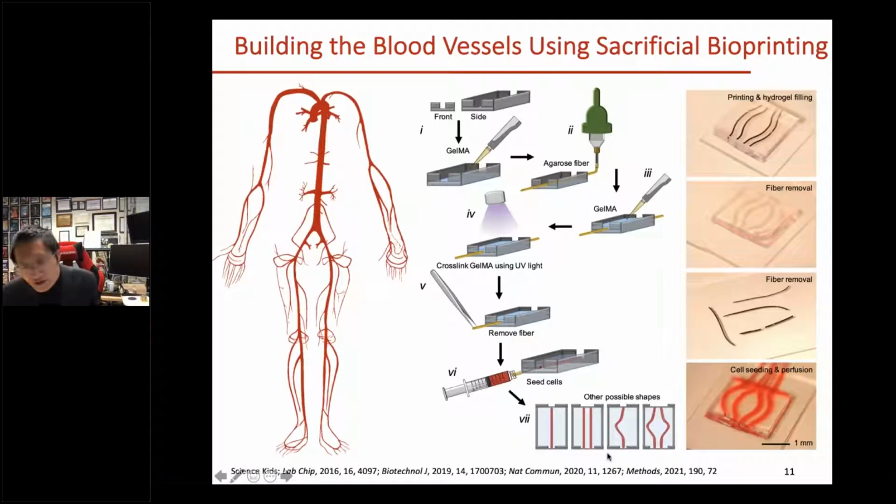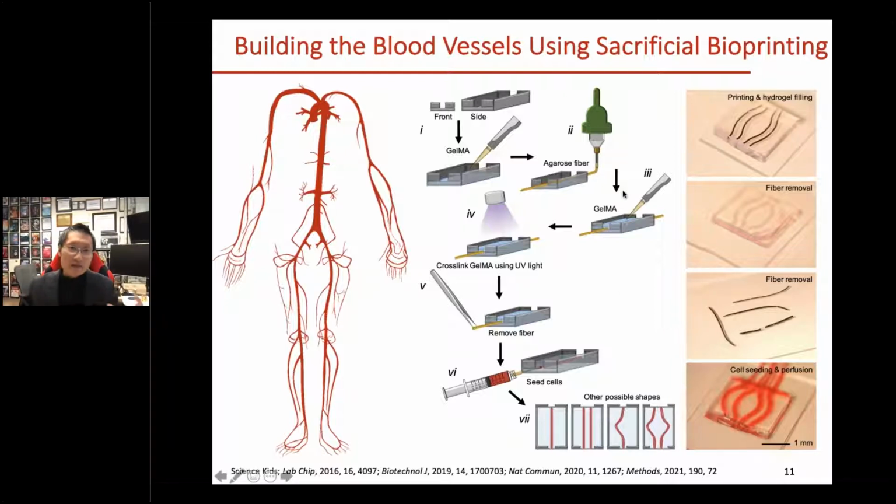Then going to a little bit of cannon tissue bioprinting. As we know, a lot of hollow tissues are present in the human system, right? For example, vasculature, which is pretty much everywhere in every type of tissue in the human body. So here is sacrificial bioprinting that people probably know pretty well. You have a bioprinting system that allows printing of sacrificial microfibers in the first place.